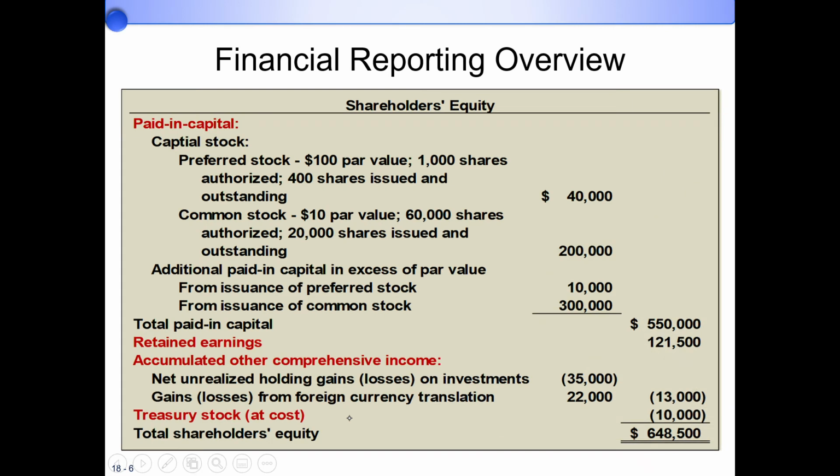That's why here we subtract that $10,000 to calculate total shareholders' equity. But treasury stock is not a necessary component of the shareholders' equity. Shareholders' equity has only three components: paid-in capital, retained earnings, and accumulated other comprehensive income.